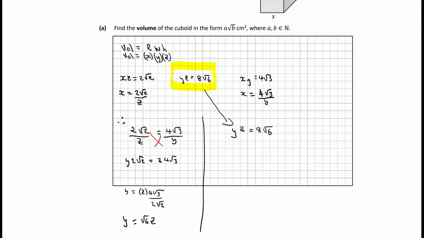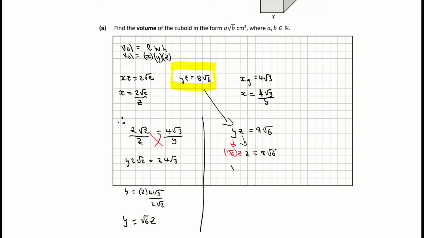Now I'm going to make a substitution here. I'm going to substitute my value for y that I got down here on the left hand side. My value for y is root 6 z. So I'm substituting my y for root 6 times z, and don't forget that that has been multiplied by this z. When I multiply z by z, we get z squared.